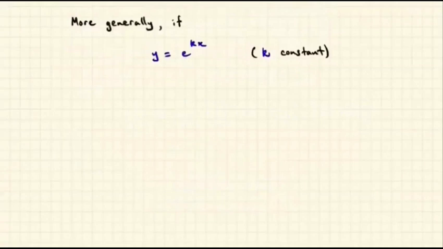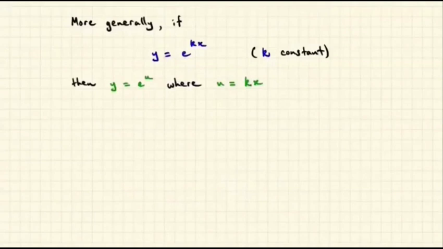More generally, we can consider y equals e to the kx, where k is a constant, and imitate the previous calculation when k was equal to minus 1. Put u equal to kx so that y equals e to the u.